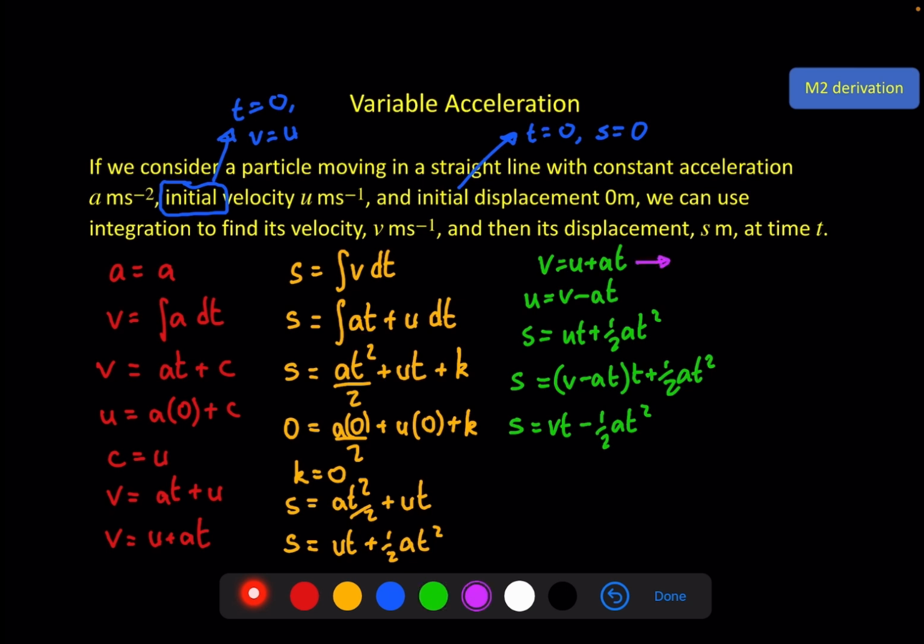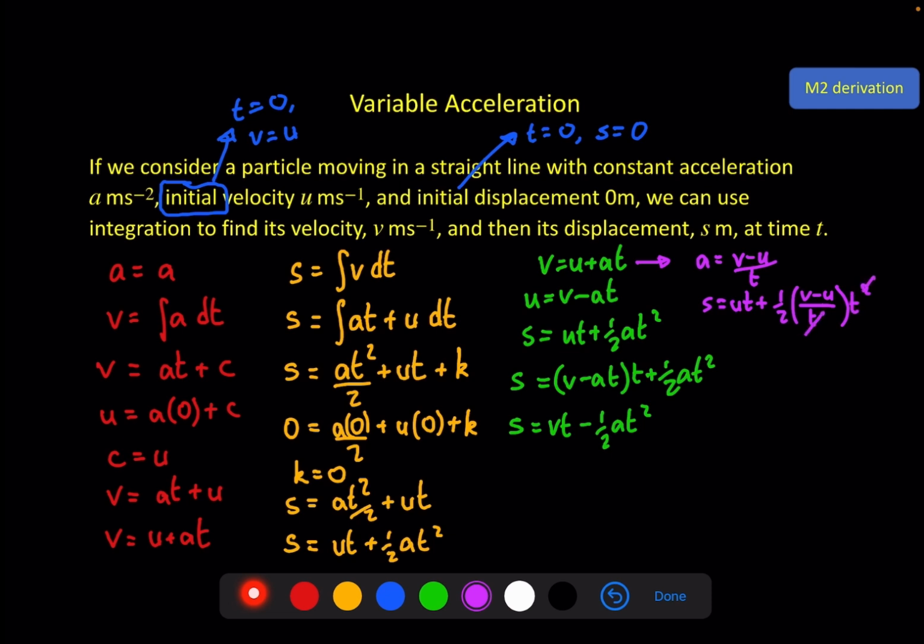Rearranging this in a different way to give a is equal to v minus u over t, and substituting that into this formula down here gives s is equal to ut plus a half times v minus u over t times t squared.